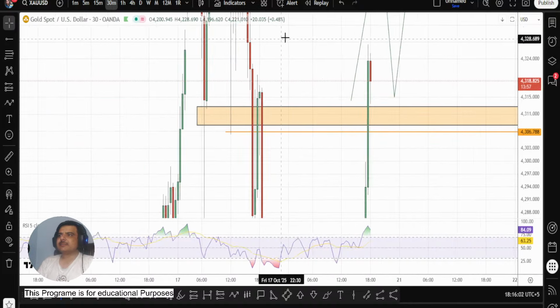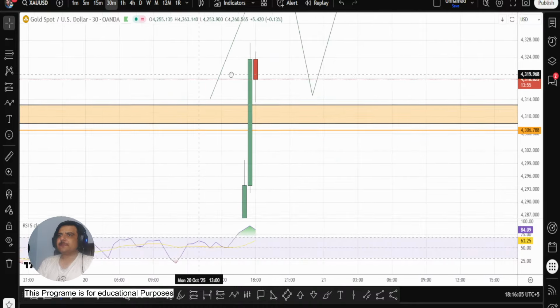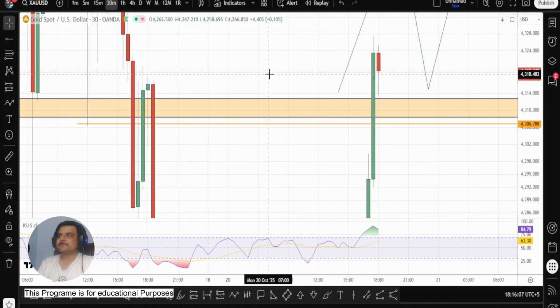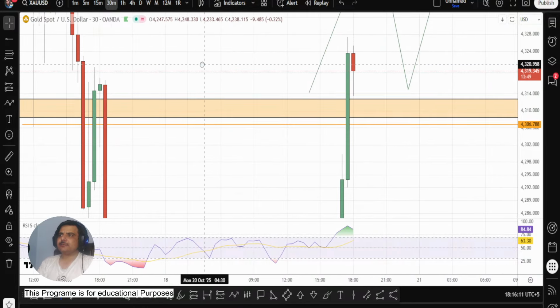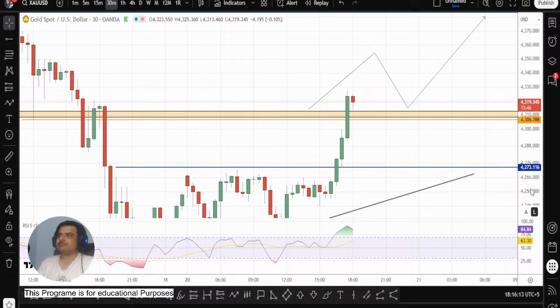Let's see this 30-minute candle. Even if it closes like this, I will still say this is a good rejection candle from the broken level.